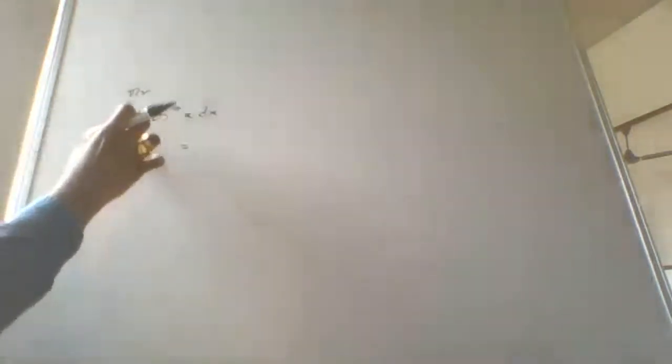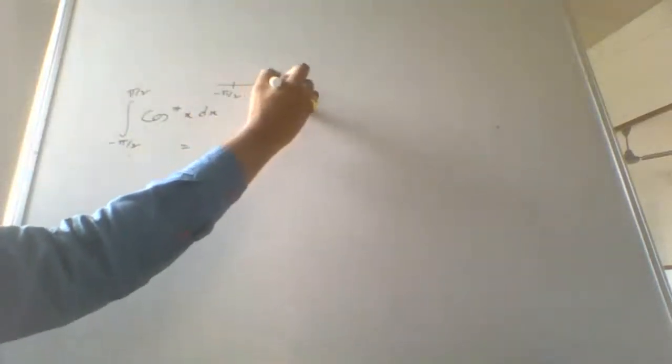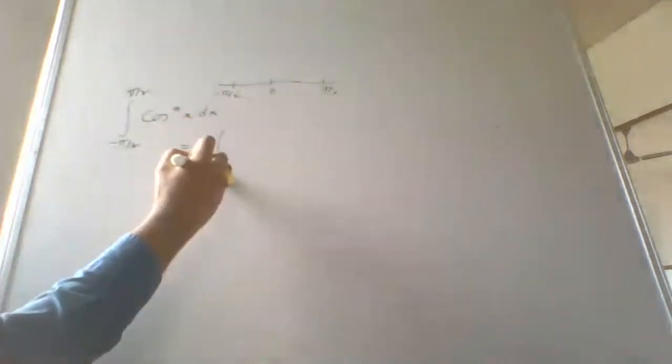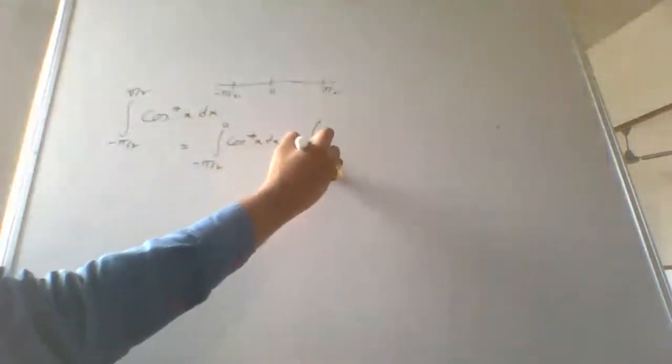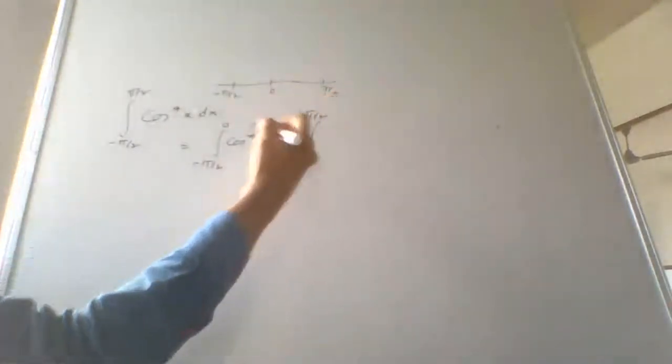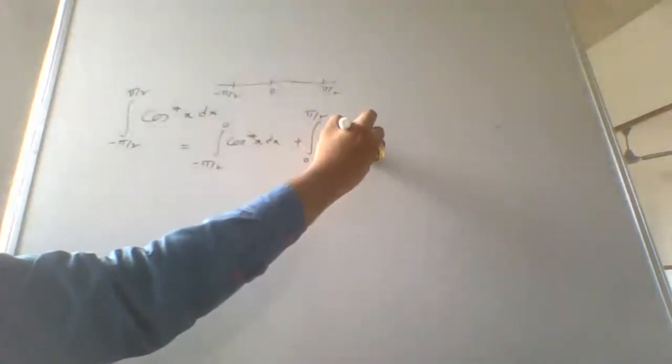Now this is ranging from minus pi by 2 to 0 and 0 to pi by 2. So I can use the integral from minus pi by 2 to 0 of cos power 7 x dx, plus the integral from 0 to pi by 2 of cos power 7 x dx.